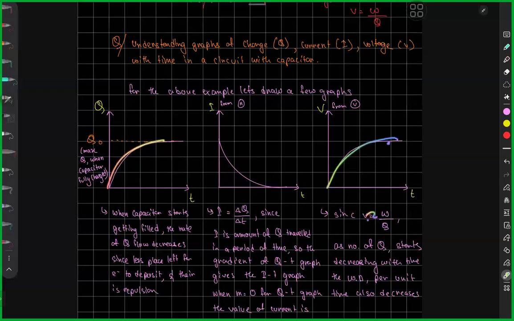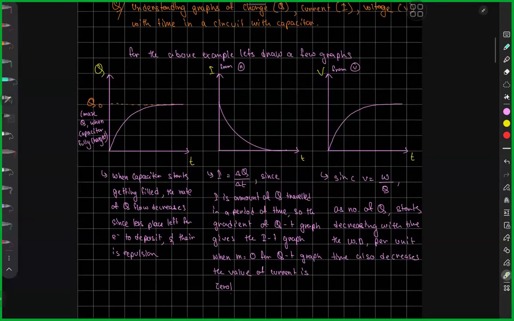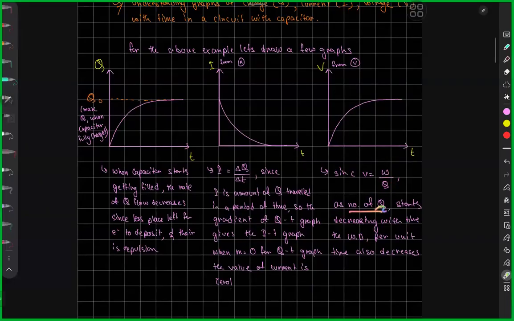So basically, you know about this relationship: the voltage is exactly equal to work done per unit charge. So what do we see over here? For one thing, as the amount of charge over here increases, the rate of flow of the charge will decrease with respect to time. So initially you have a really high flow of electrons, and later on you have less flow of electrons.